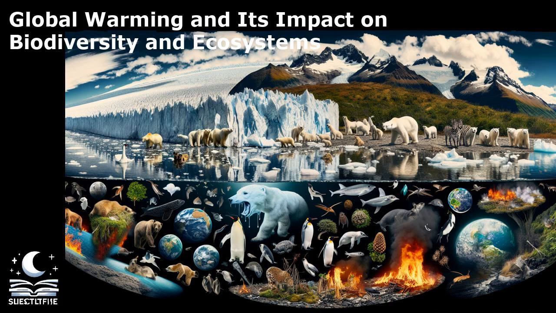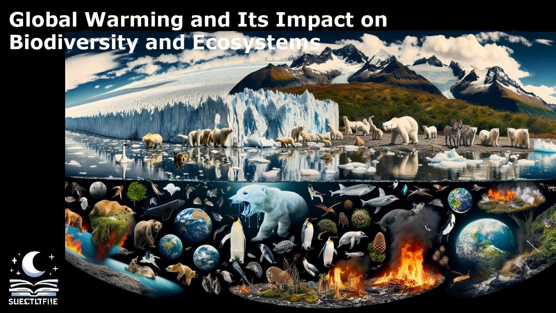Another fascinating fact is that global warming is exacerbating the spread of invasive species, which can outcompete native species for resources and disrupt ecosystem dynamics. In the Galapagos Islands, invasive species like rats and goats have caused significant damage to native flora and fauna, threatening the unique biodiversity of the region.